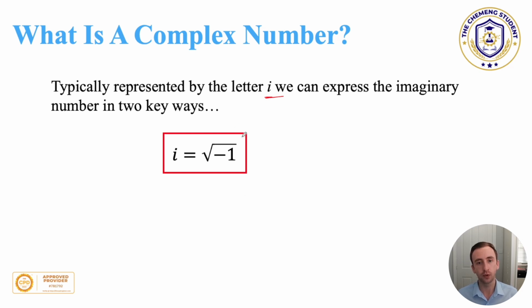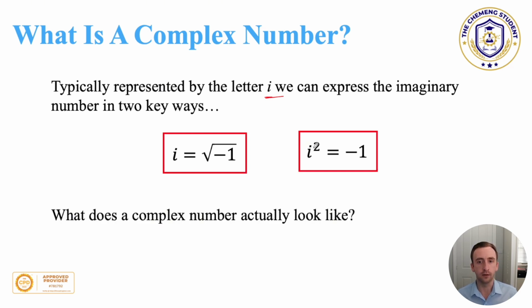It cannot be processed on a calculator. But that's not to say that it doesn't exist. It's just it doesn't work on the real number scale. Now the other way that we can express this is that if we take the opposite of a square root, which is a square, then if we get the square of i, that would be equal to -1. So these two interchangeable relationships is what we need when we start to solve and simplify complex number equations.